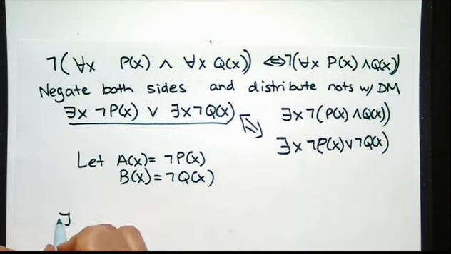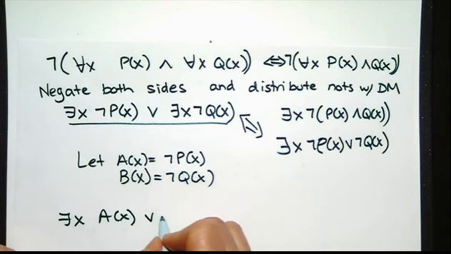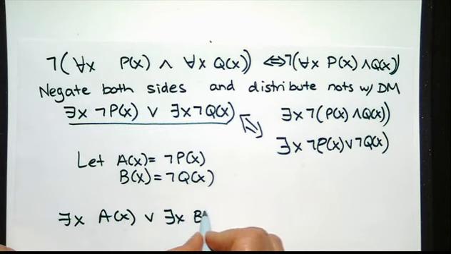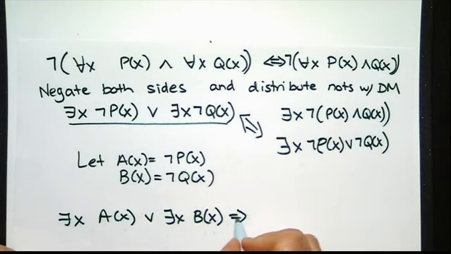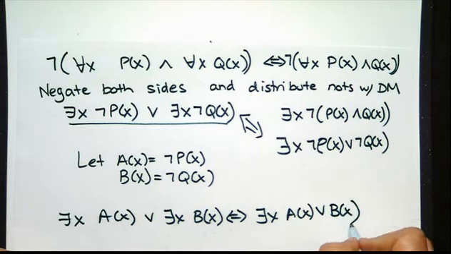So the left-hand side is going to become there exists x, a of x, or there exists x, b of x. And that's logically equivalent to there exists x, a of x or b of x. And that makes us much happier because there's not so many nots on there. But it's really the same statement, right?